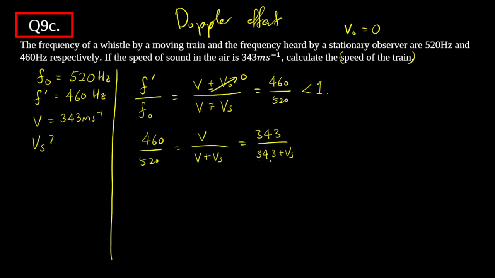I can just key that into my calculator, and I'll find my Vs is approximately 44.739 meters per second, moving away from the observer.